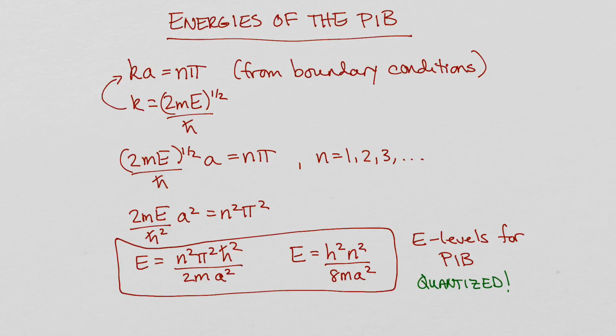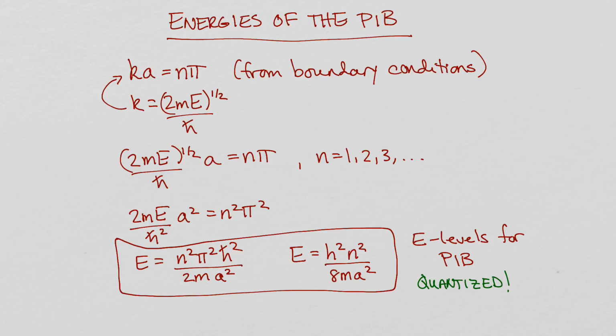That is in distinct contrast to what would be predicted classically. Classically, we can have any value of energy on our continuum. Here, by solving the Schrodinger equation for the particle in a box, we naturally get those quantum numbers arising in our expressions for the energy.